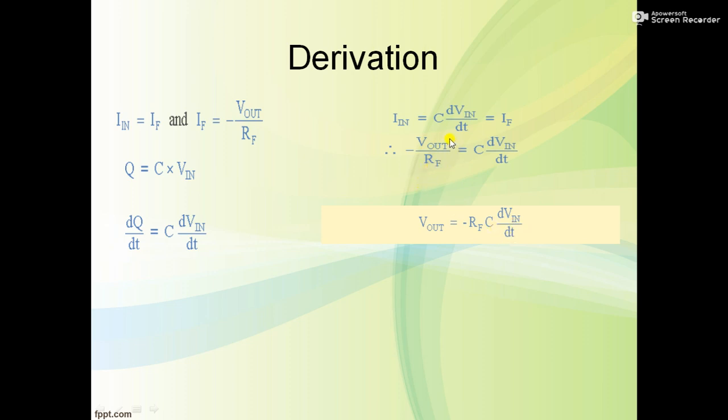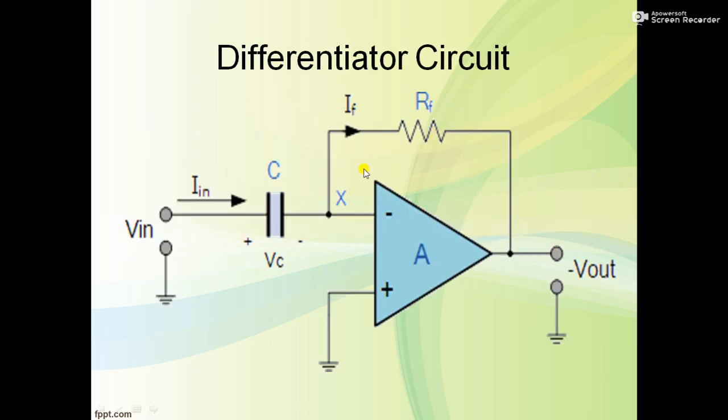According to the circuit diagram, this current IF is equal to minus Vout by RF. Actually, the IF equation is IF is equal to Vx minus of minus V0, but Vx is equal to 0 volt according to the virtual ground concept.